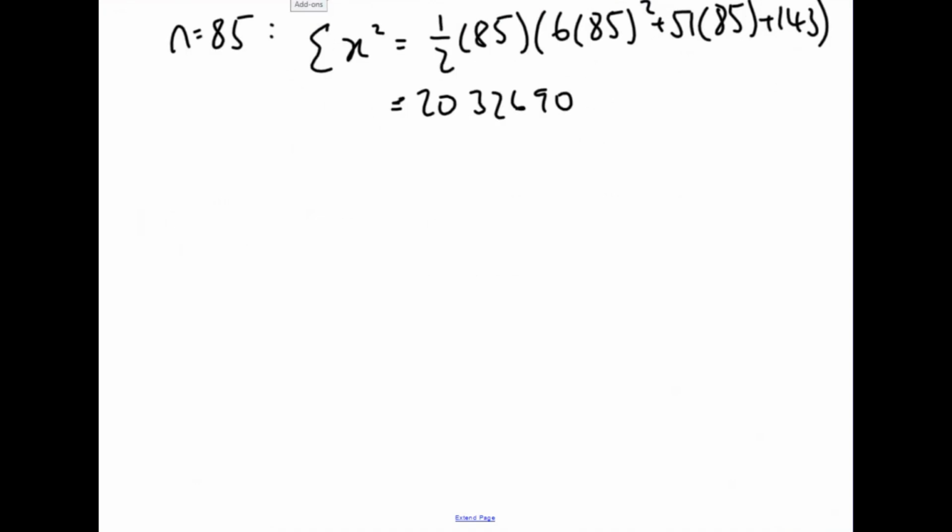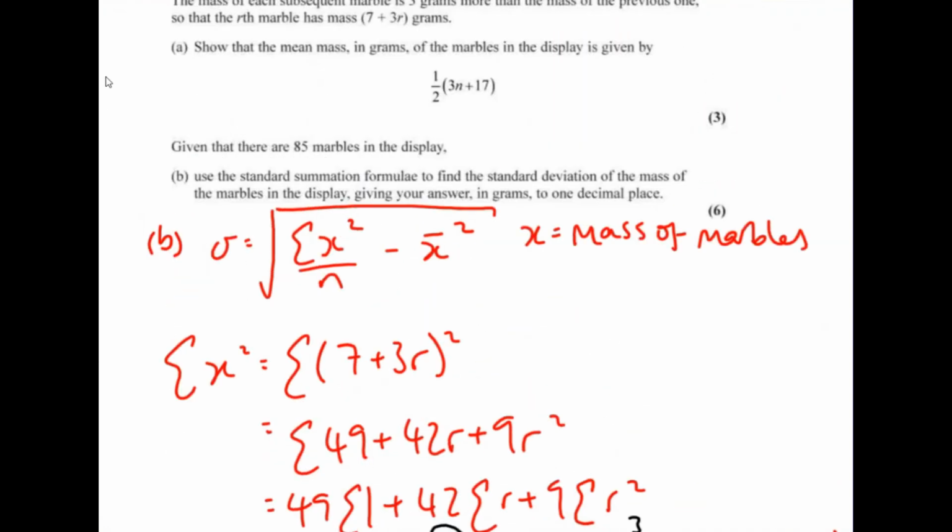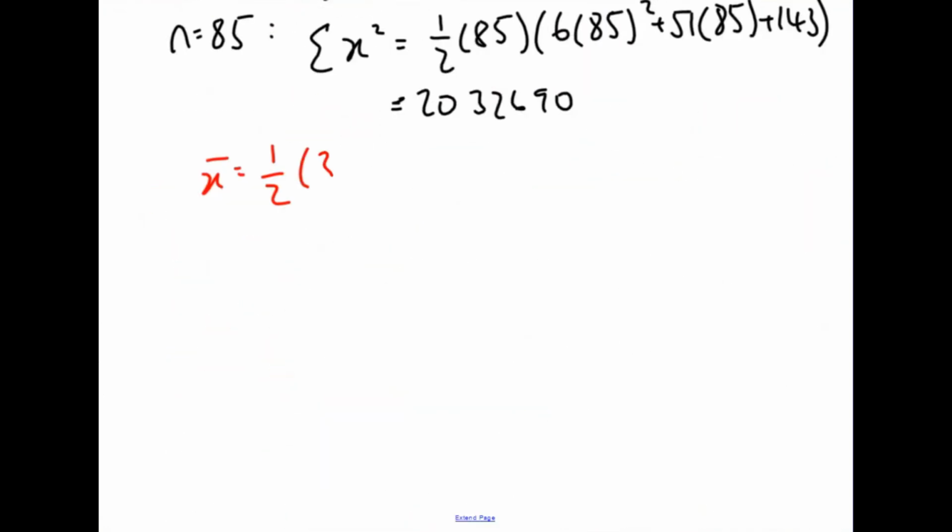At this stage, I'm also going to work out the mean. So we have x bar from earlier on is a half 3n, so 85 into there.